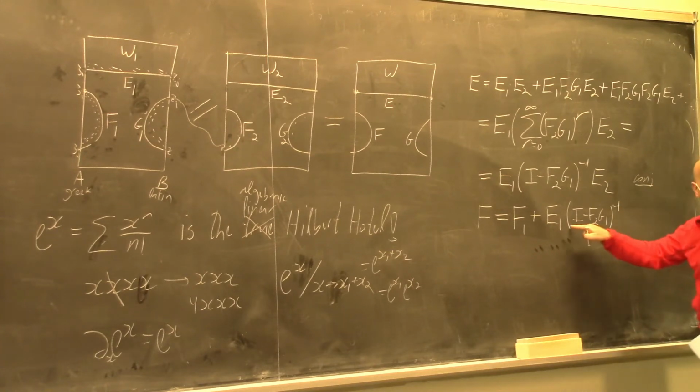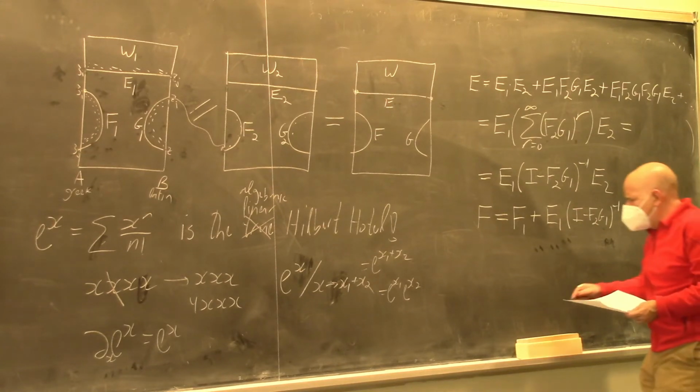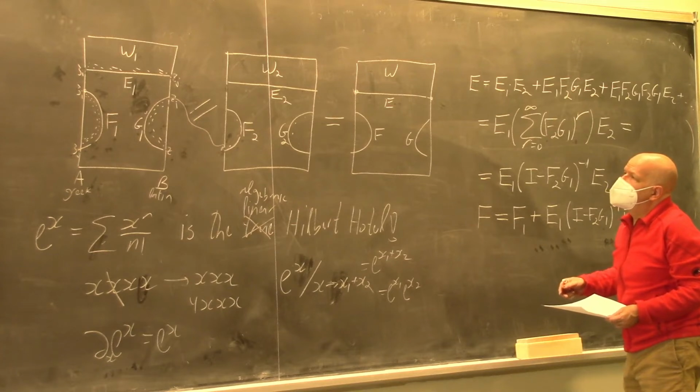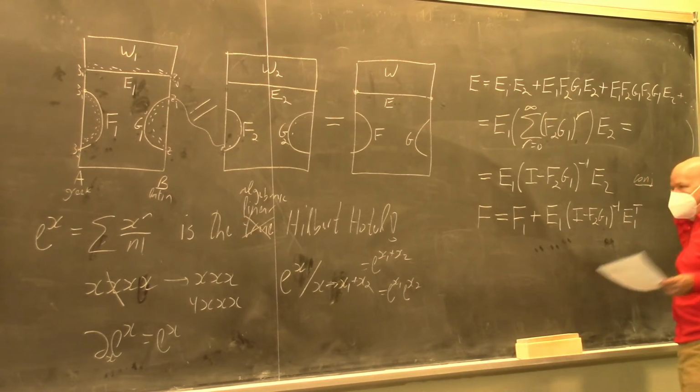This just means that you loop, you do the FG loop an arbitrary number of times, and then you exit with an E1 transpose. In fact, if you look at it. No, what am I doing? Sorry, that's fine.